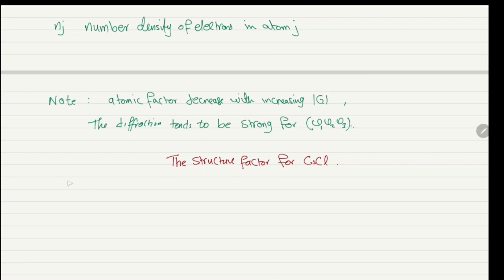Let's name cesium as atom A and chloride as atom B. The atomic position R_A for the cesium is equal to 0, 0, 0 times the lattice constant a, and the atomic position for the chloride, which is B in this case, is equal to half, half, half times the lattice constant a.